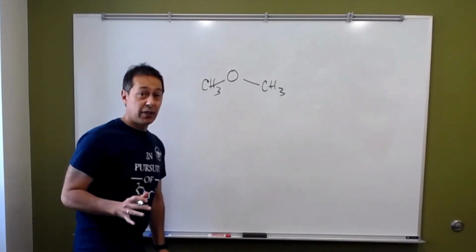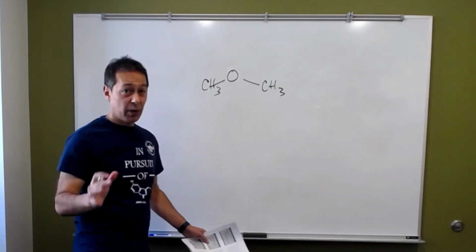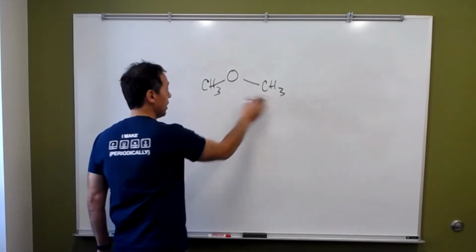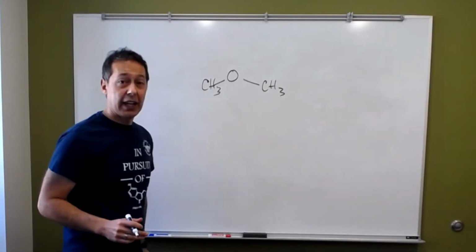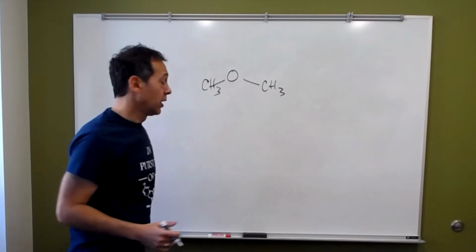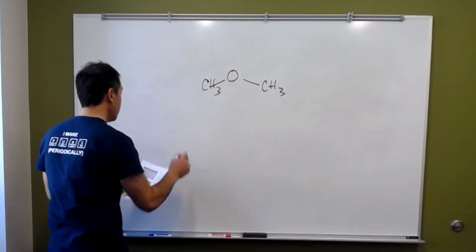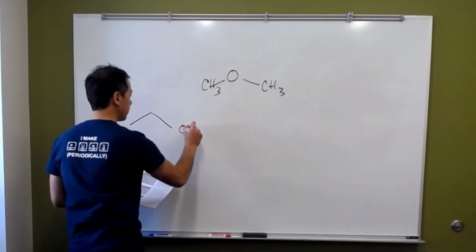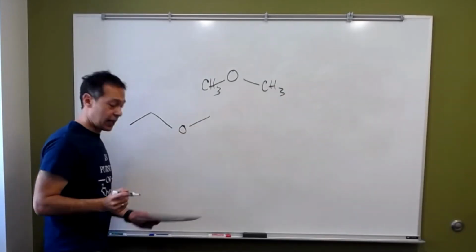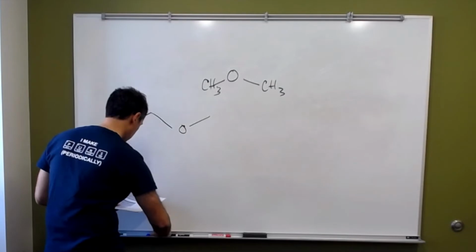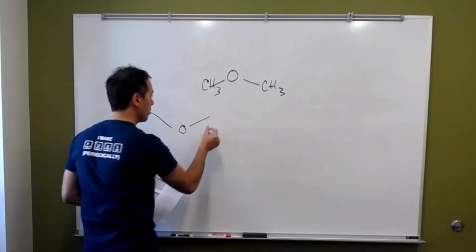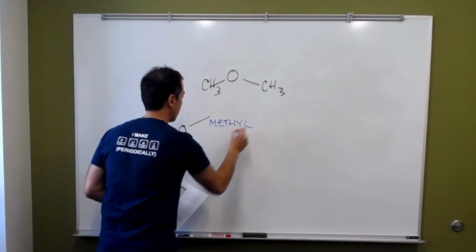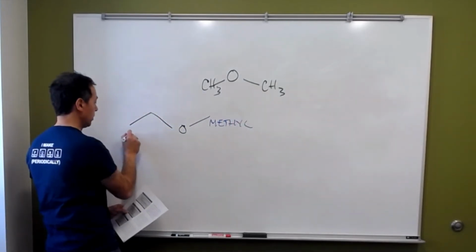Now, naming this, there's a simple way and a more complex way. The simple way of naming this is just naming what's attached to it and then adding the word ether to the end of it. So, for example, if I have two carbon atoms like this, and then one carbon atom like that, we'd say that our substituents here is we have a methyl group here, and over here we have an ethyl group.